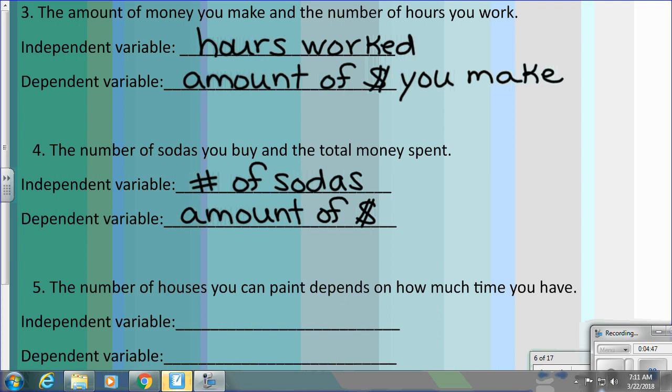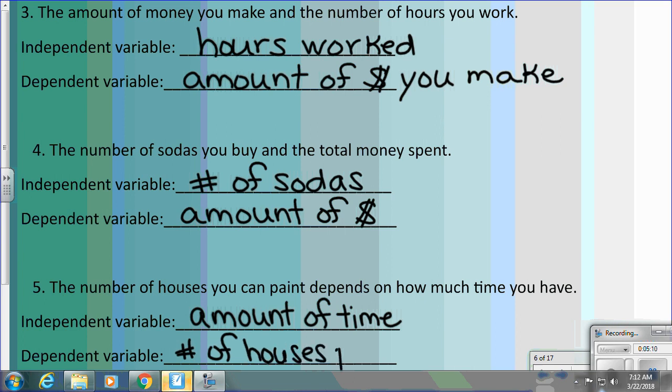And the last one, the number of houses you can paint depends on how much time you have. The independent variable is the amount of time, the dependent variable would be the number of houses that you can paint.